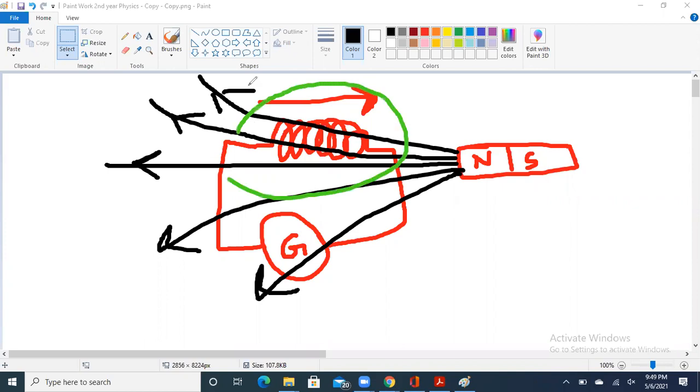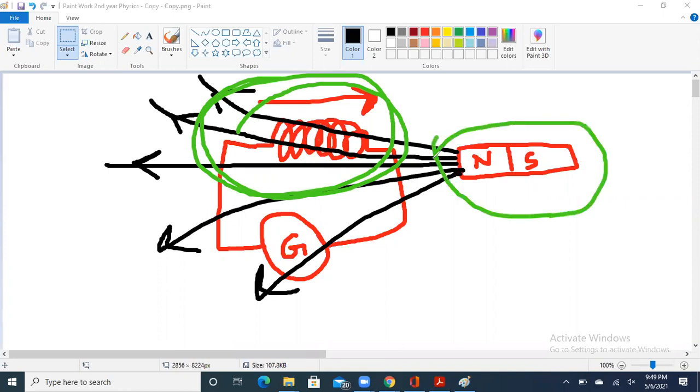But now there are two lines passing through the coil, meaning the magnetic field has doubled for it. Although the magnet is in the same place, there is no movement of the magnet. The number of magnetic lines of force is the same, but due to the lesser distance, there is double the number of magnetic lines of force passing through the coil.